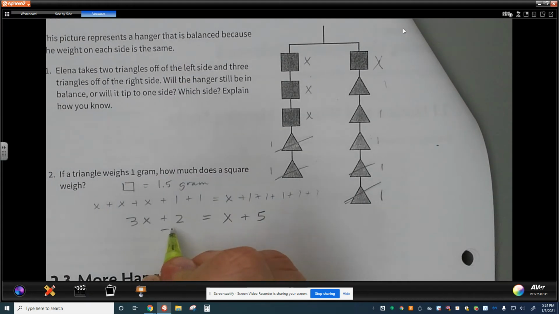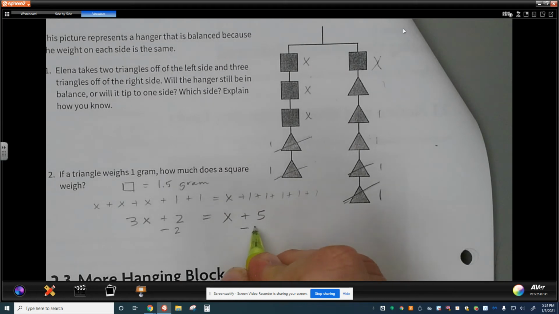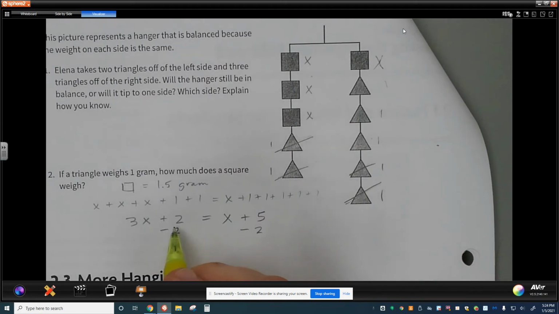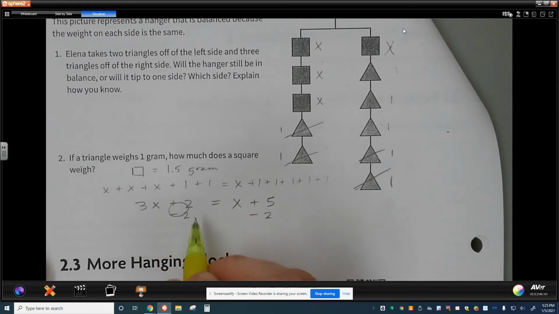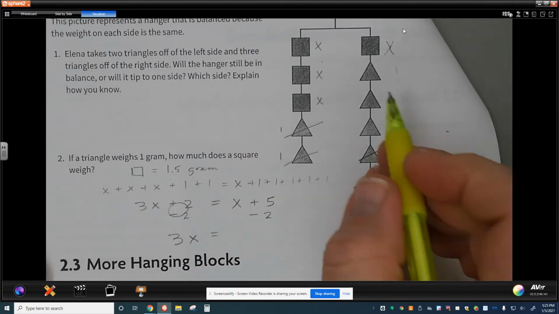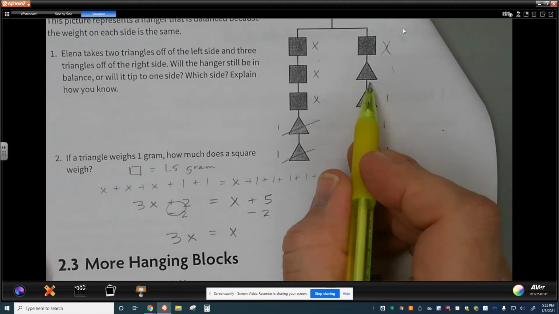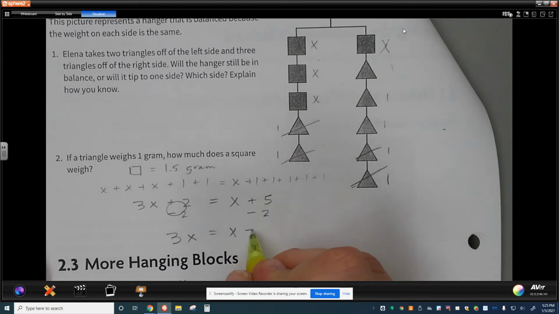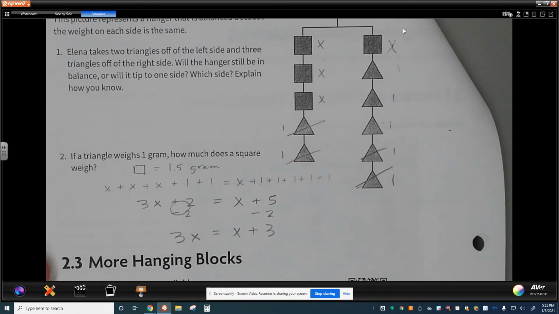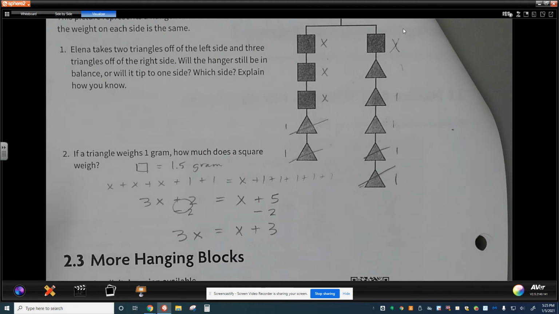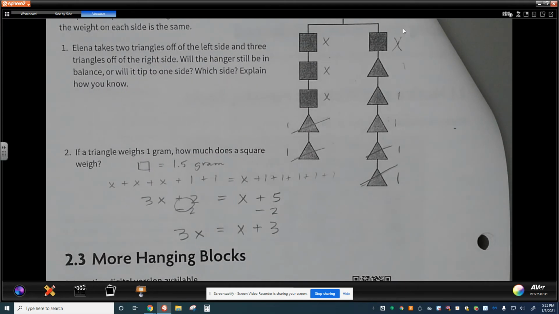So we take away the 2 on the left and the 2 on the right, and what we notice is that the balance is taking away 2 units from this expression on the left, leaving us with just the 3 squares, or 3x. Over on the right side, we still have 1x left, and we have 3 triangles for a value of 3. Cool. I'm a little bit closer to figuring out what 1 square weighs.